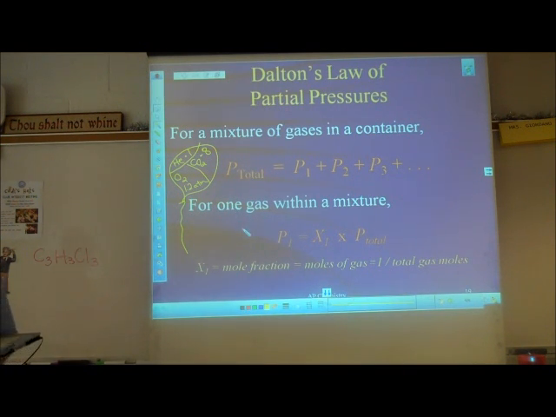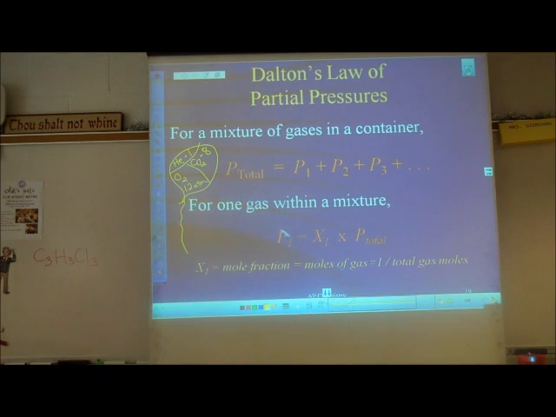If, however, you are asked specifically about one of those gases within a mixture, you may have to use this equation, which is on your equation sheet, by the way. Okay? This would be the total pressure. Let's use the balloon. The total pressure of the balloon.